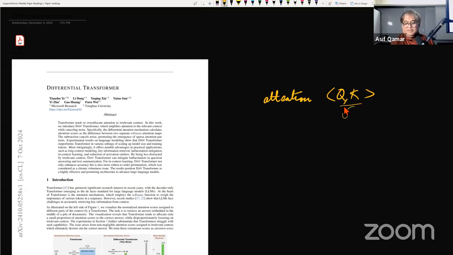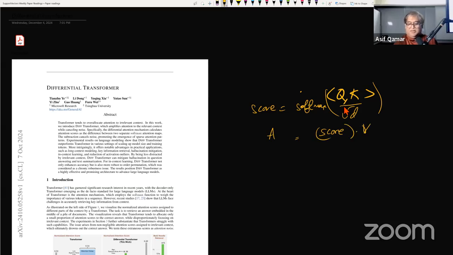The score function is the softmax of this. And of course, the attention is essentially the score function times the value.